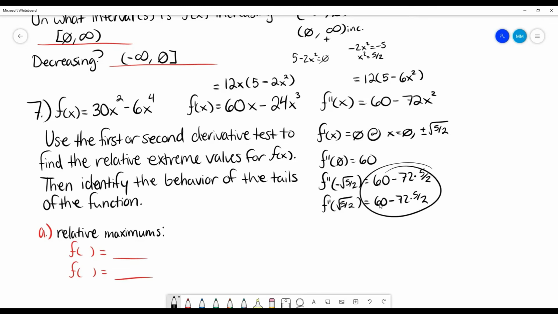It looks like both of these are going to be less than 0, and this is greater than 0. Remember, second derivative greater than 0 is a minimum, and second derivative less than 0 is a maximum.